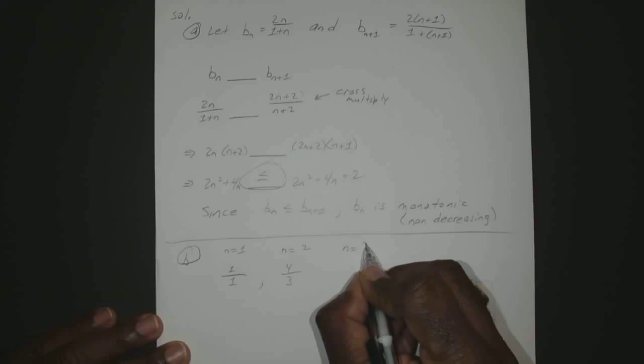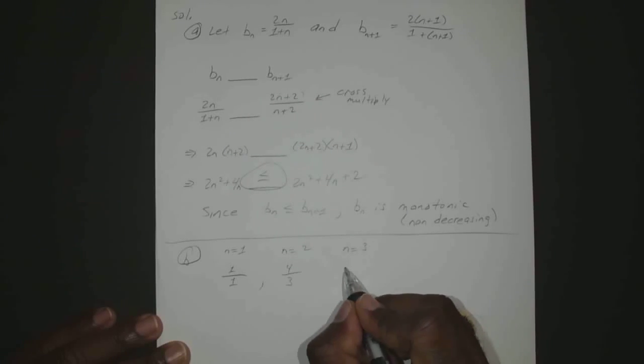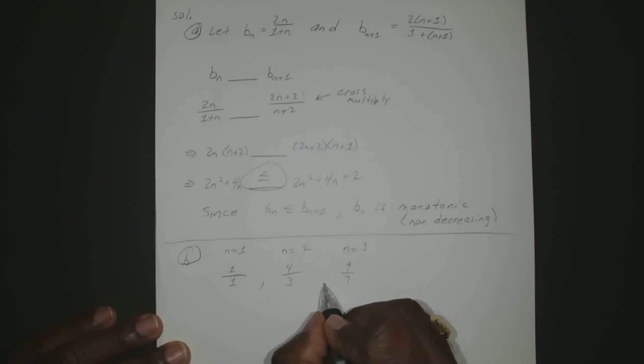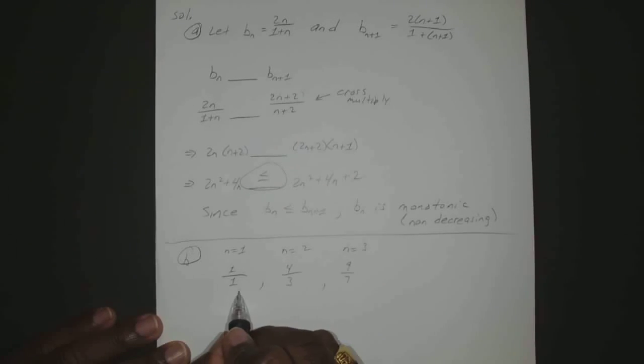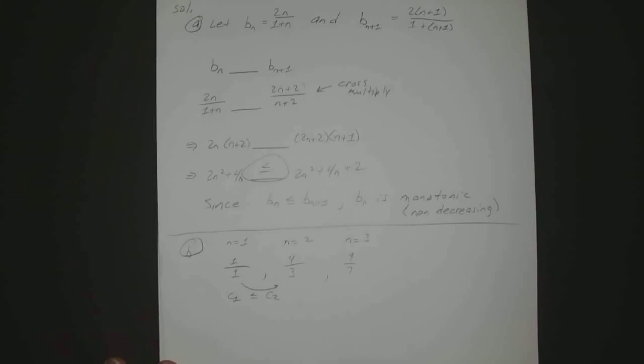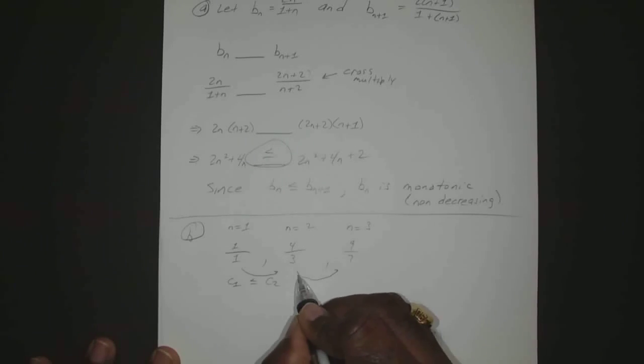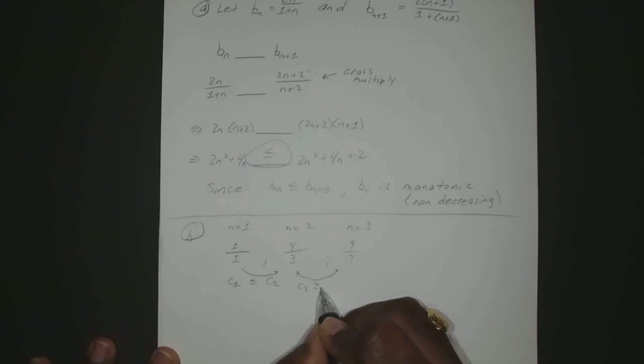Let's say n is equal to 3. You end up with 9 over 8 minus 1, which is 7. Okay, so here we know that c sub 1 is less than or equal to c sub 2. But 1 1/3 is bigger than 1 2/7. So c sub 2 is greater than or equal to c sub 3. So just that fast, we prove that it's not monotonic.